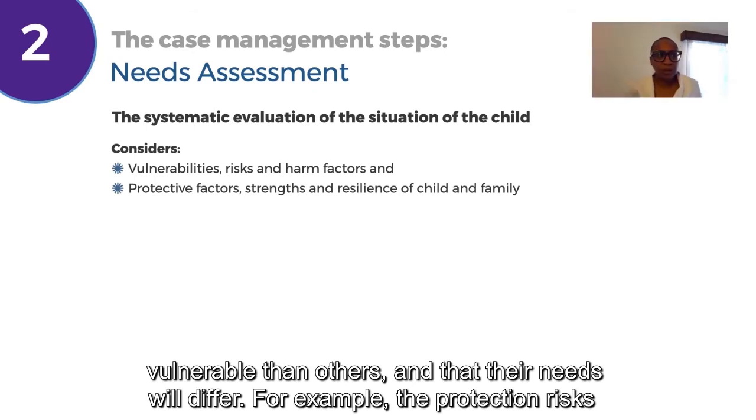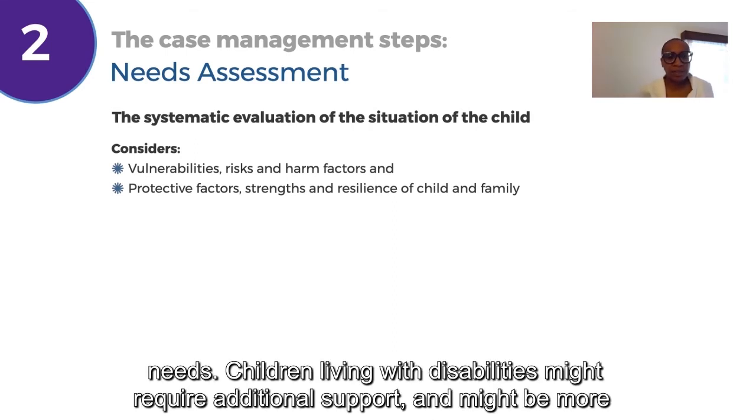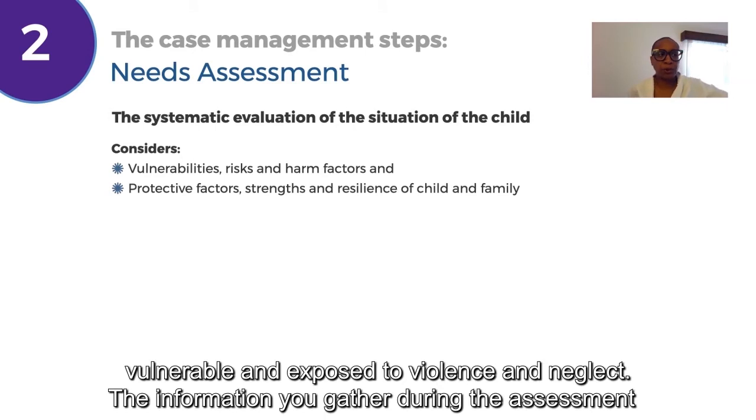For example, the protection risks are different between boys and girls, and the age of the child will also affect the needs. Children living with disabilities might require additional support and might be more vulnerable and exposed to violence and neglect.